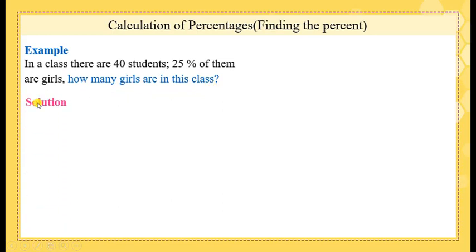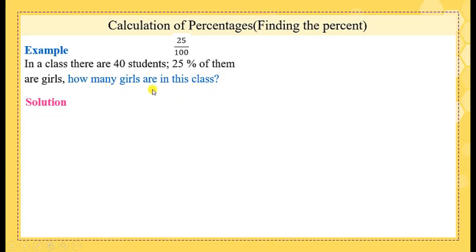In this problem, we have a percent. Whenever we have a percent, we move to a ratio, which is a number over 100. So we have 25 over 100 because we have 25%. This is the first ratio. In order to find the number of girls in this class, we have to form a proportion.